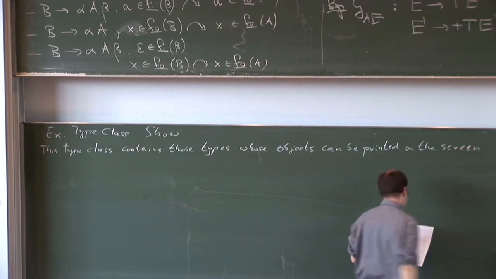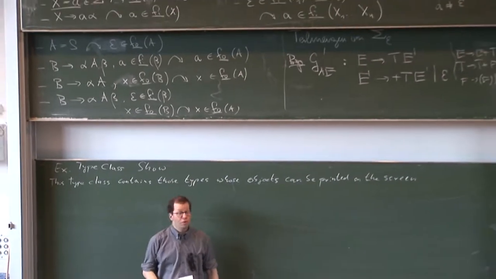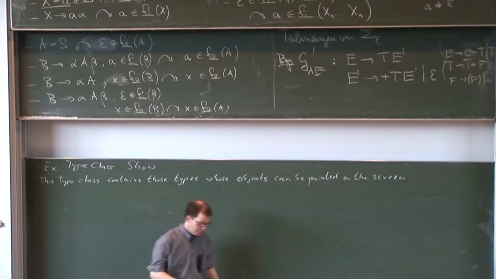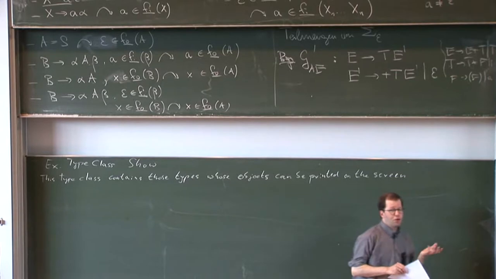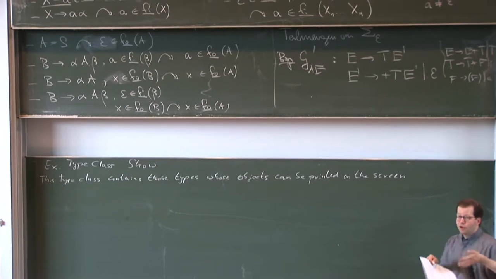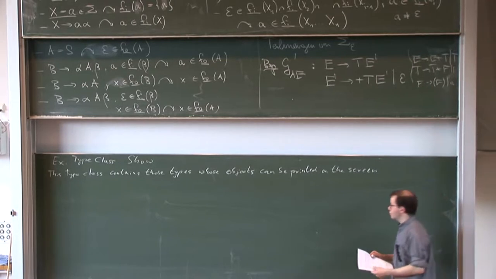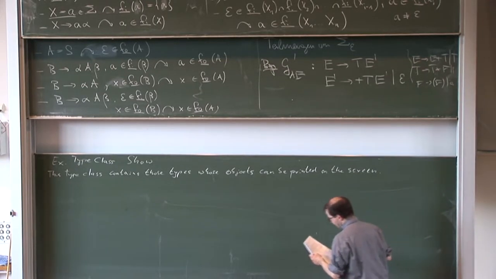And in order to print them on the screen, Haskell uses a function called show with a small s. There's a function show which transforms objects into strings, and whenever you do some evaluation and want to print something on the screen, not the object itself is printed, but show is applied to this object. This gives you a string, and this string is printed.